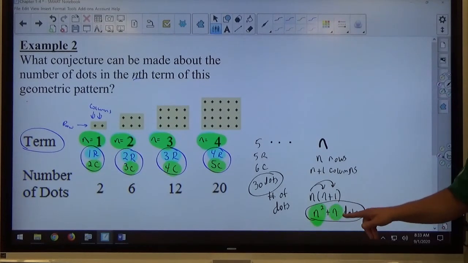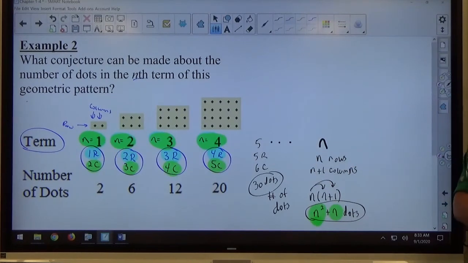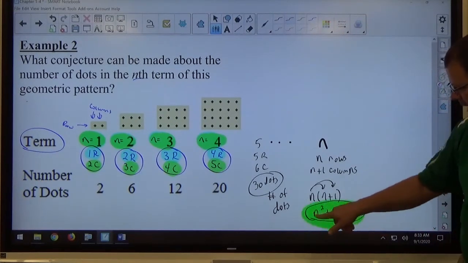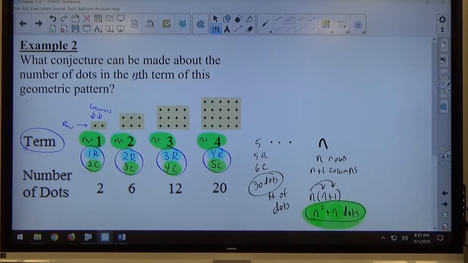And then plus 5 makes? 30. The right number, right? So again, that rule right there is working, so that's what we're looking for. So when it says, find a rule, or whatever, that's what they're looking for, some algebraic expression to represent the nth term.